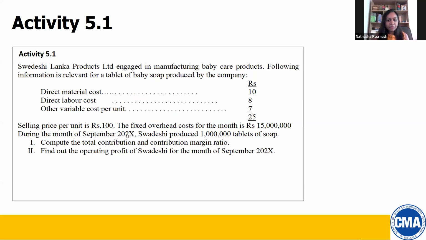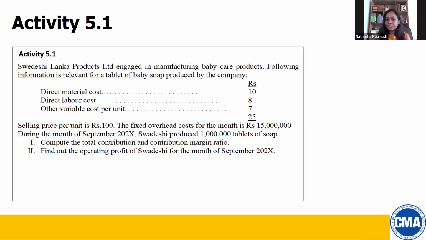The fixed overhead cost for the month is 15 million. During the month of September, Swadeshi produced 1 million tablets of soap. Okay, you have a fixed cost of 15 million. Now calculate the total contribution. You have a contribution per unit of 75 and a quantity of 1 million. How much is the total contribution? 75 million, 1 million multiplied by 75 rupees. Correct.